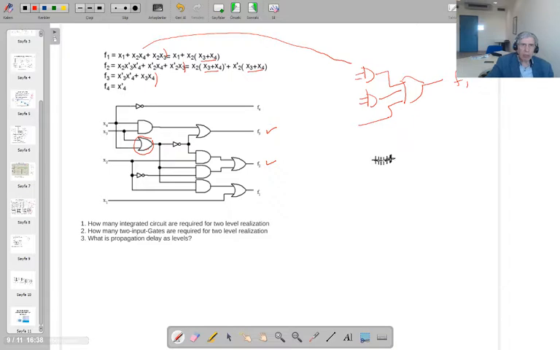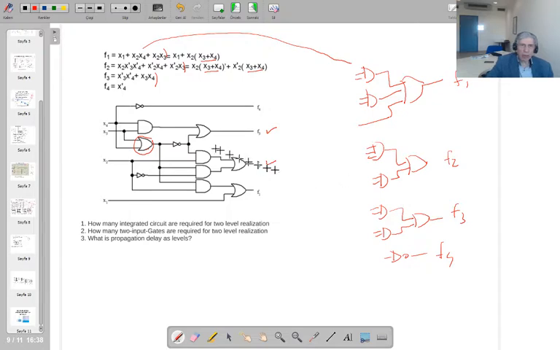The second one, 3 input AND gate, the first one, and then 2 input AND gate, and an OR gate, that is F2. And this one has got two input AND gates and an OR gate, that is F3, and F4 is a NOT gate.